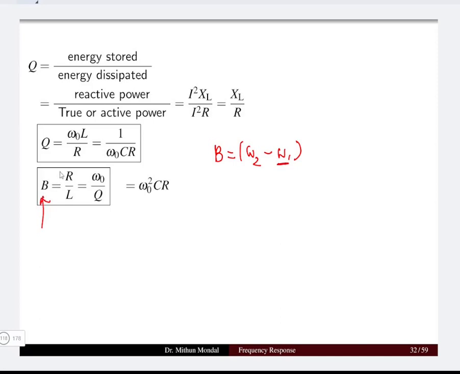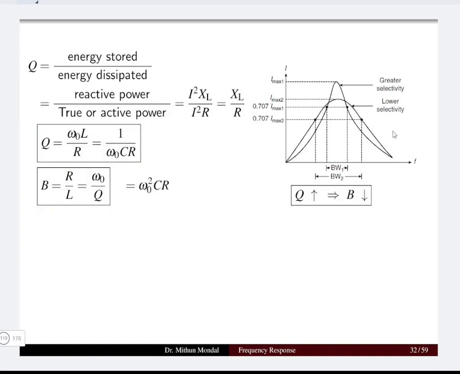So bandwidth is basically given by R by L, which is equal to omega naught by Q, the quality factor of the network. Because from this relationship, if I want the bandwidth, it is equal to R by L, and this R by L gives omega naught by Q. On the other hand, if we take it from omega naught RC, then we get omega naught square into RC. So once we have the quality factor, we can determine the bandwidth also.